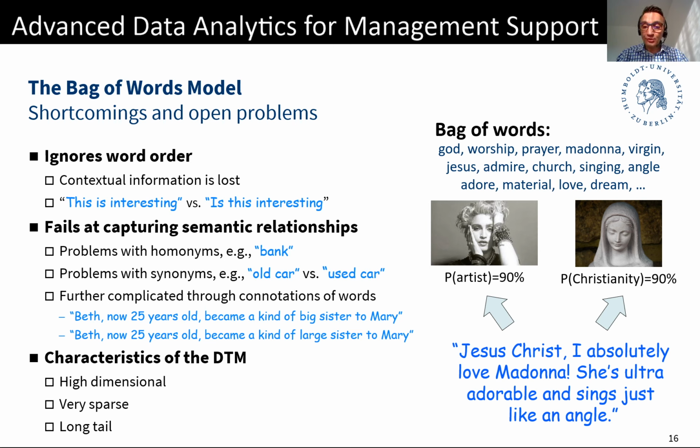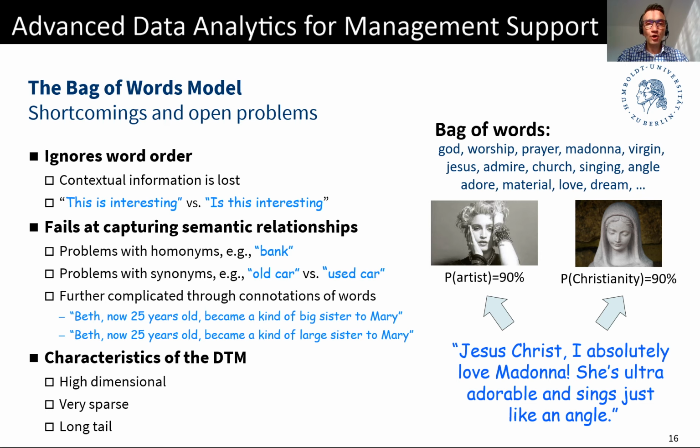Other challenges arise due to the mathematical characteristics of the document term matrix, given that every word in your vocabulary represents one feature. This matrix is very high dimensional. Vocabularies are built up of many words.